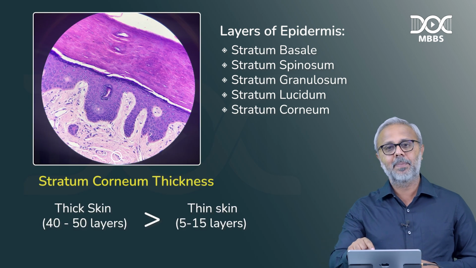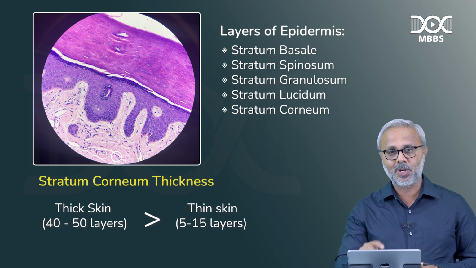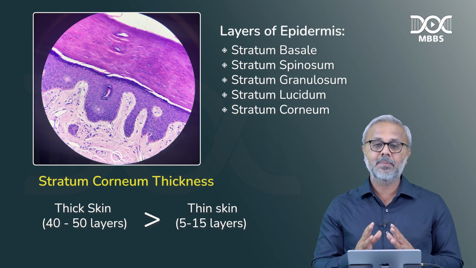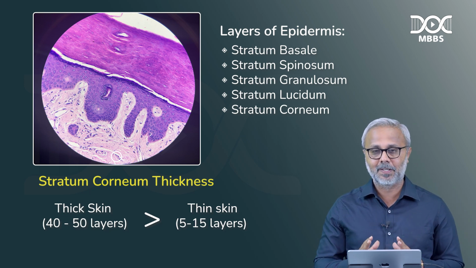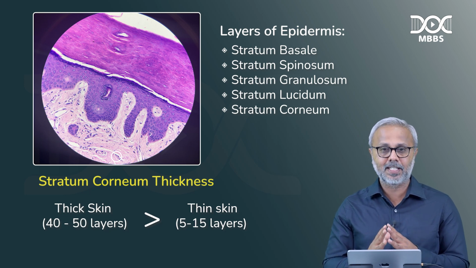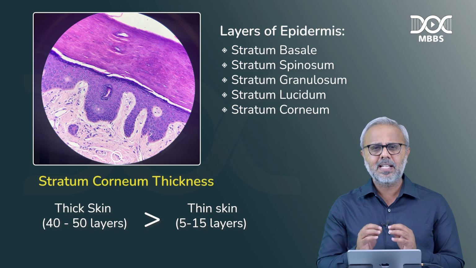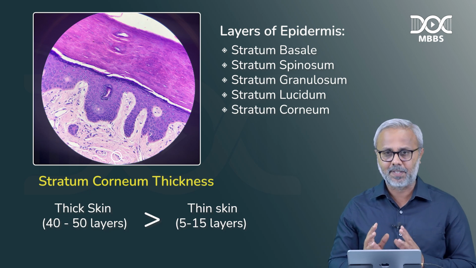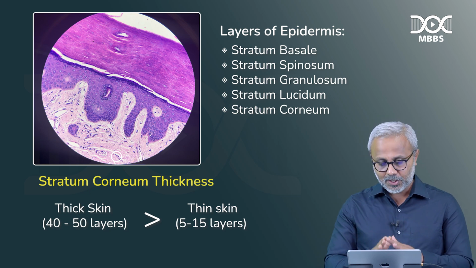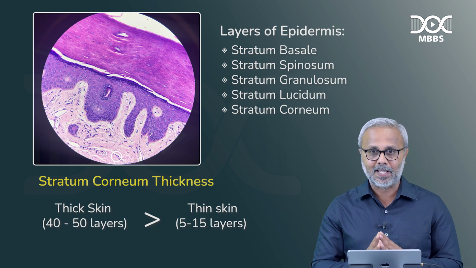Now try and compare the thickness of stratum corneum and the rest of the layers of the entire epidermis. So stratum corneum is very much thicker, almost up to 40 to 50 layers of keratin are present here, whereas in case of thin skin, it is limited to 5 to 15. Right? So this is how we describe the epidermis of thick skin.